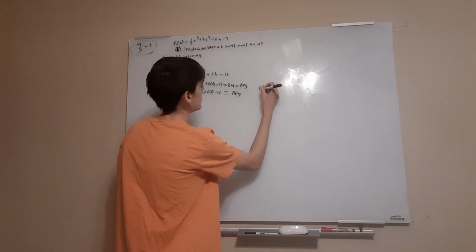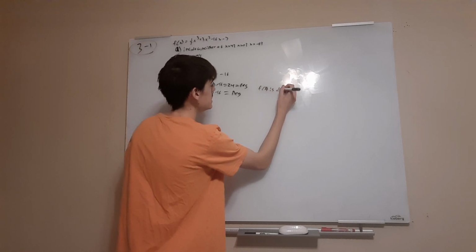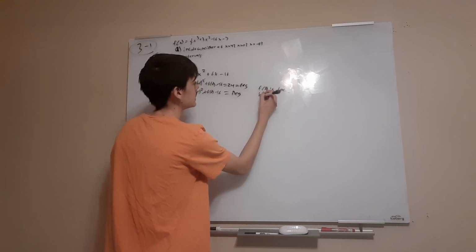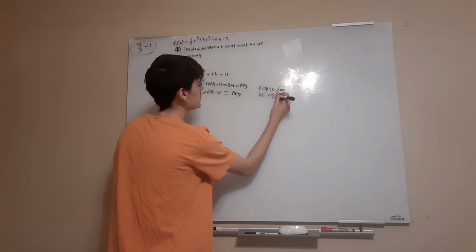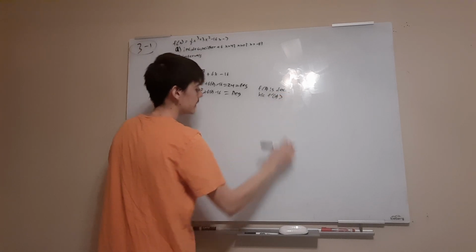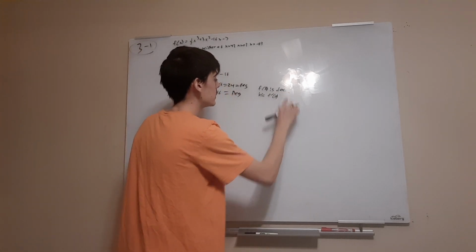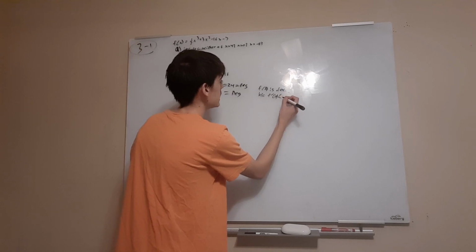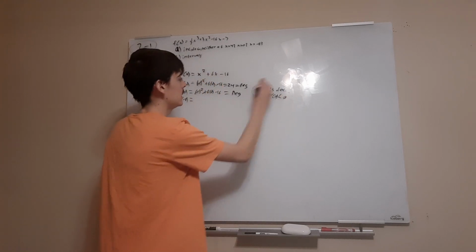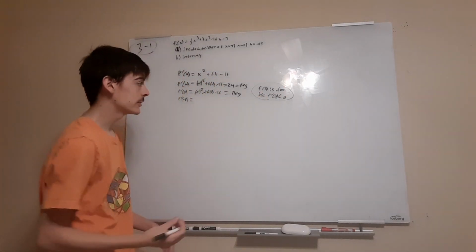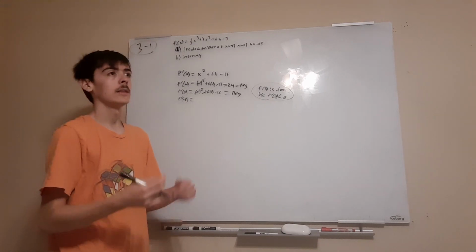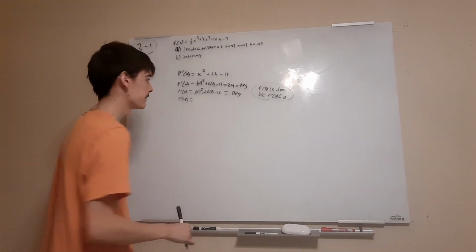Here we're going to say f of x is decreasing, and that is because f prime of 0 is less than 0. And again, that follows what we've been saying this whole time. If f prime is negative, then f of x is decreasing.